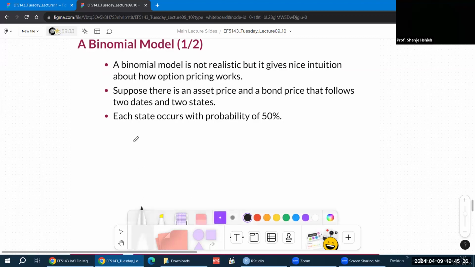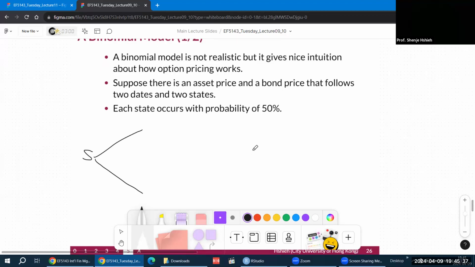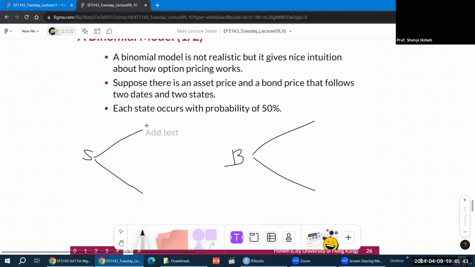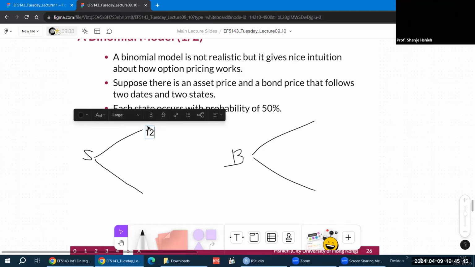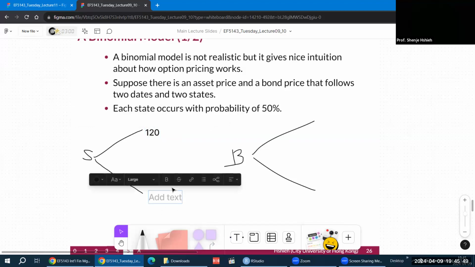So let's look at a two-state scenario. Imagine we have two types of assets. We have a risky asset, a stock, and a riskless asset, a bond. The stock pays off 120 in the high state and 90 in the bad state.